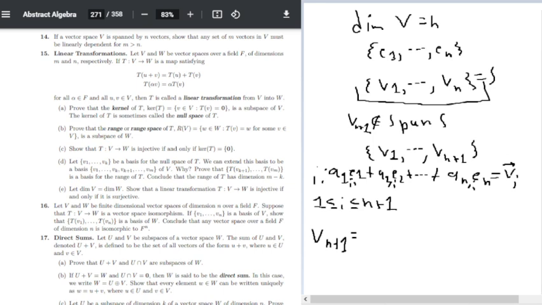Alright, linear transformations. Let V and W be vector spaces over a field F of dimensions m and n respectively. If T from V to W is a map satisfying T of u plus v equals T of u plus T of v, so I'm going to write this down here.